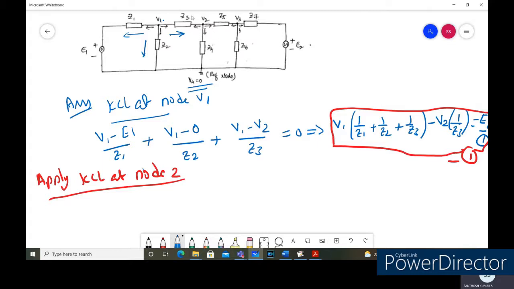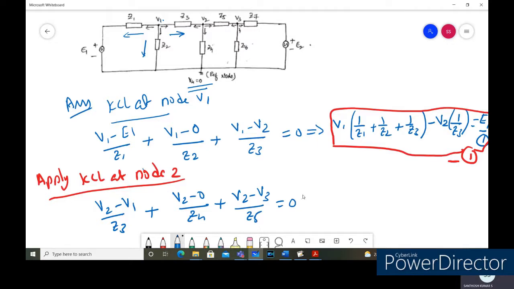So it is (V2 minus V1) divided by Z3, plus (V2 minus 0) divided by Z4, plus (V2 minus V3) divided by Z5, is equal to 0.